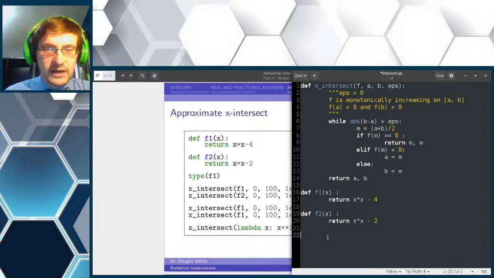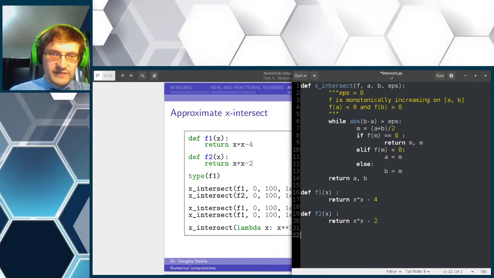But we're going to see how close an approximation to that we can get.